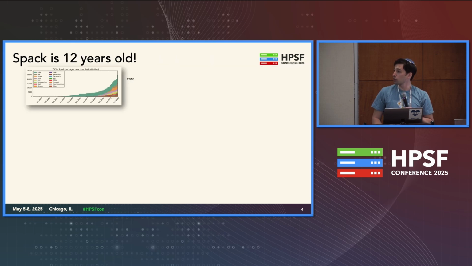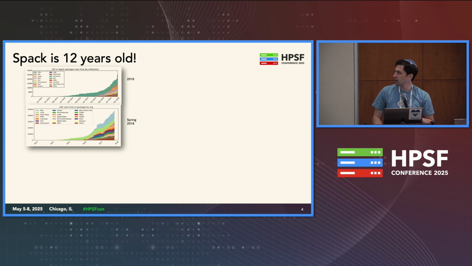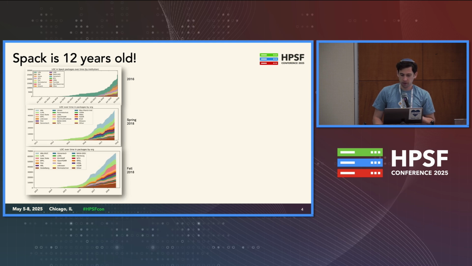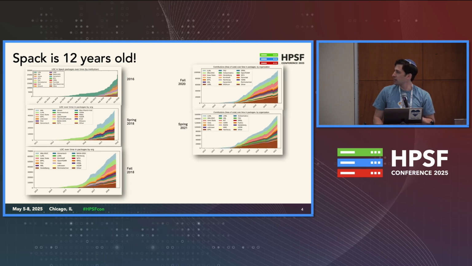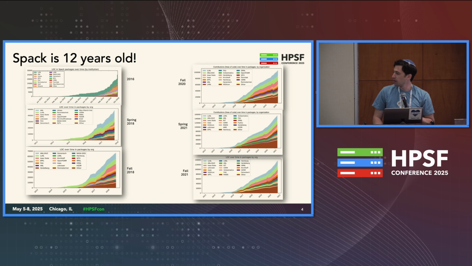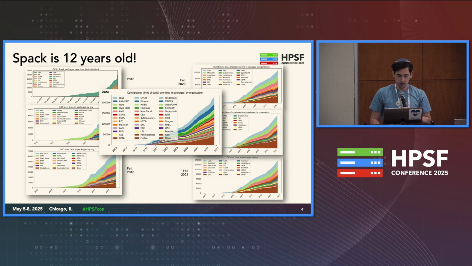Spack is 12 years old now. We first started doing these graphs of contributions in 2016. One of the fun things to see in here is that over time, the percentage of this bar that is contributions from Livermore, where Spack originated, has gone down quite substantially.